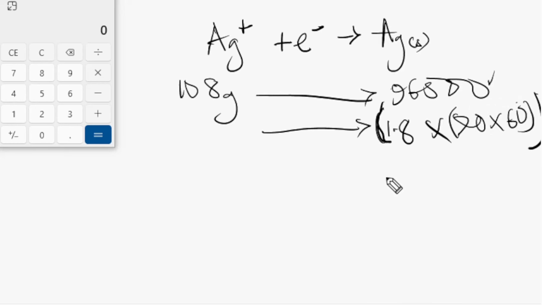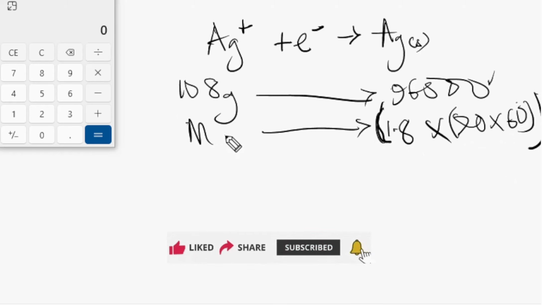This is because we know that Q is equal to IT, where I is the current, and T is the time. So we are given the time in minutes, we have to convert to seconds. So that's why we have this. So this will be the mass here. Let's call this mass in grams.